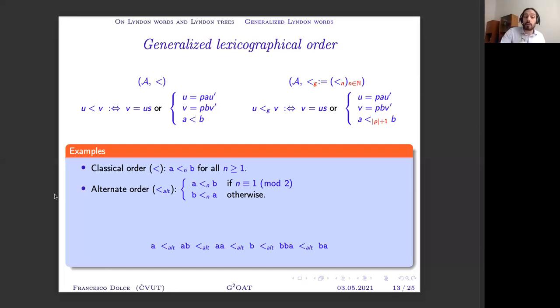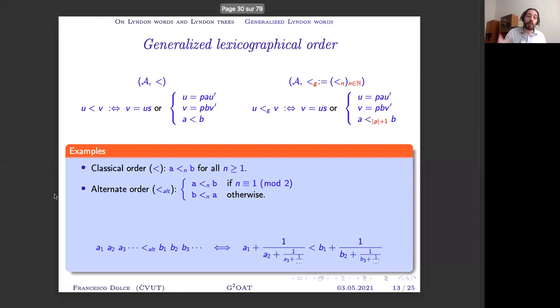This is called the alternate order and is actually very important for many reasons, also for Lie algebras, but in particular it's important for people studying continued fractions, because whenever we consider the numbers as letters in our alphabet, we can see that A1, A2, A3, which we can stop or not, is smaller for this alternate order than B1, B2, and B3 if and only if the associated continued fraction of the first is inferior to that of the second.